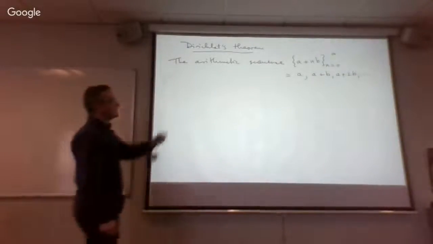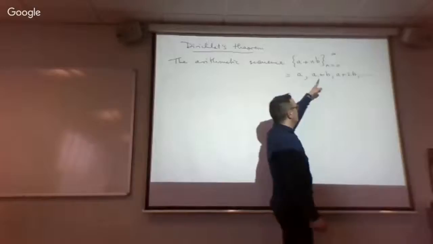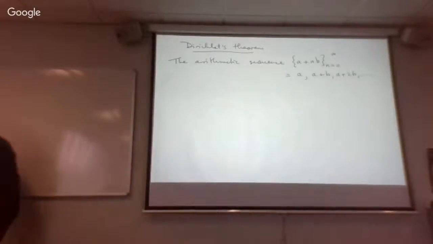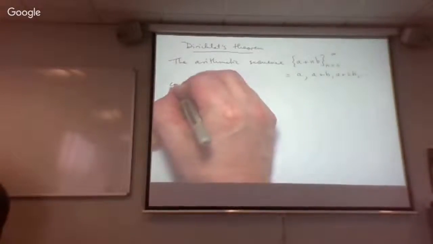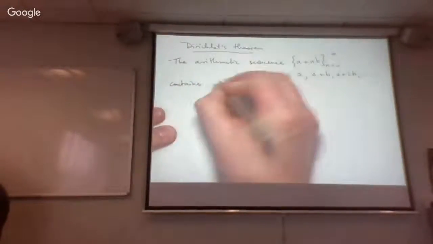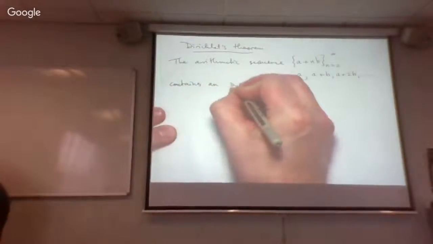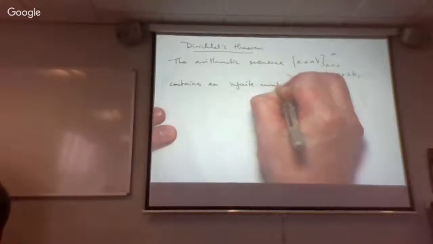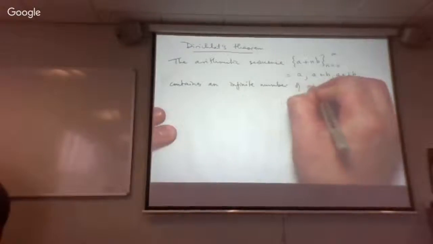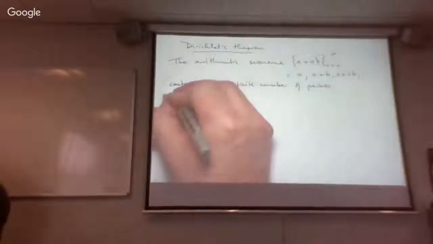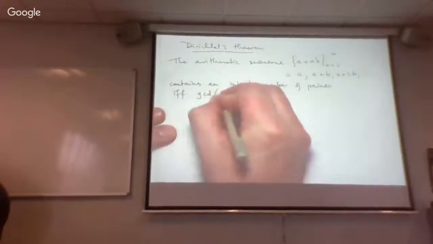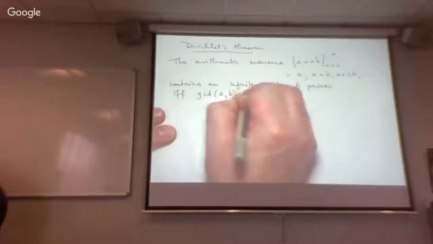It's got some initial term a, and then it just goes up in fixed step size b. And it says that this contains an infinite number of primes if and only if GCD of a and b is equal to 1.